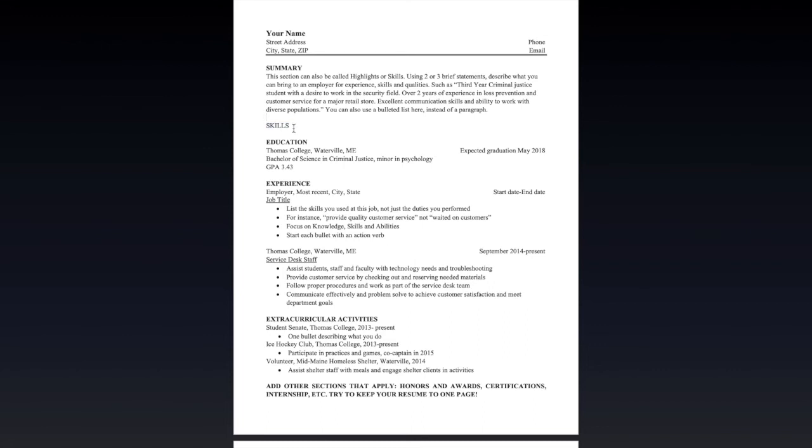Make it bulleted. Make it a couple of columns, and that's where you put those languages, Python, C++, all of that code, languages that you know that that employer is seeking. You want them to be able to find it as easily as possible. So I would put it right here.